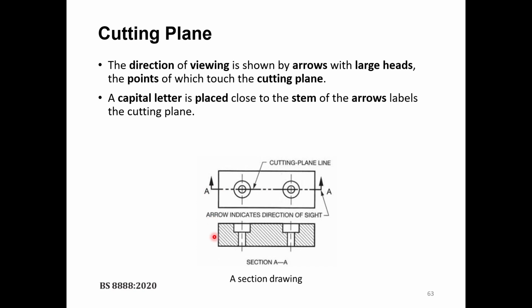When you cut through the component at AA, and then you remove this part and you look in the same direction as the arrows, this is what you're going to see. And the same letter is used on the left and the right hand sides to identify the title. So you use the letters AA, and also you write here section AA.